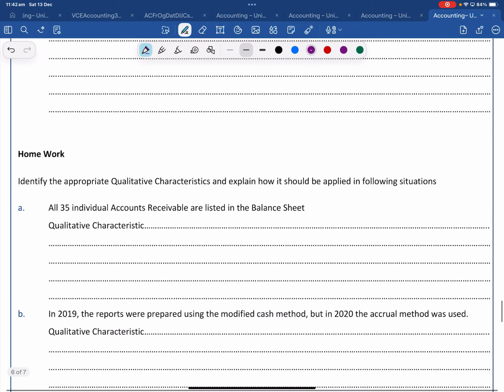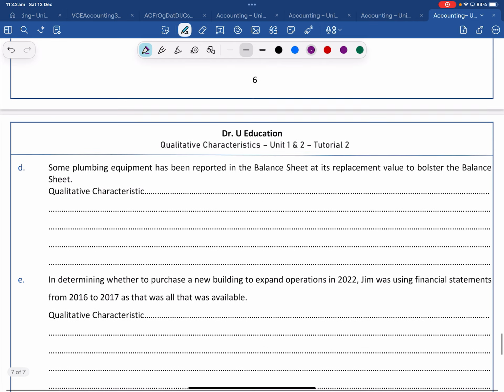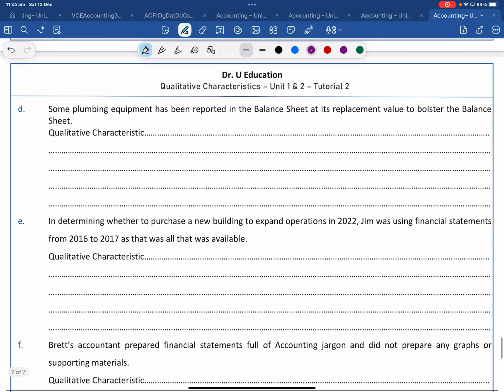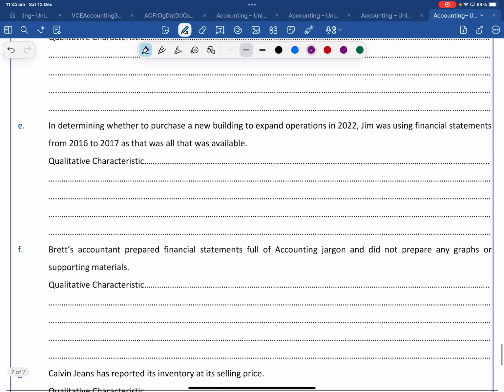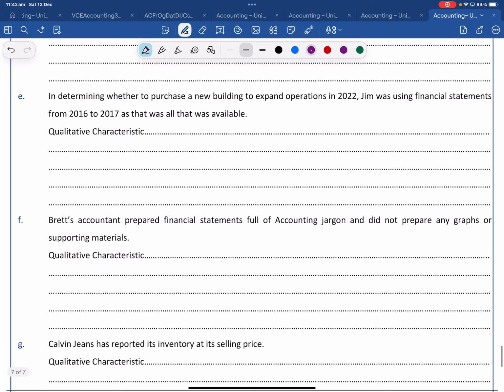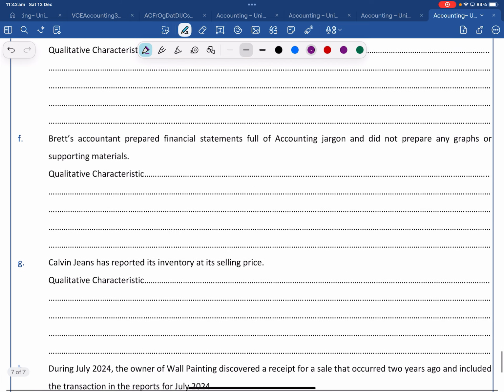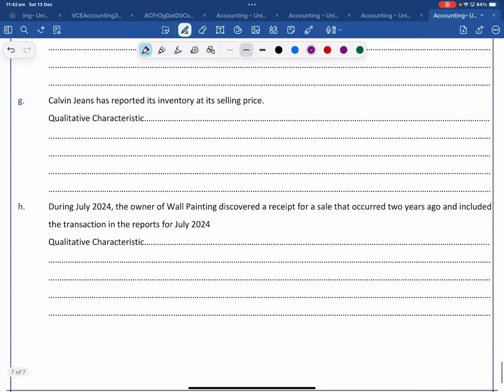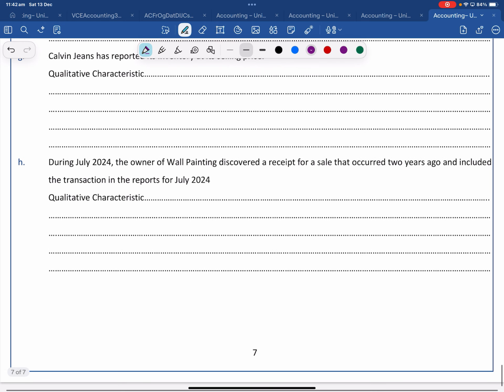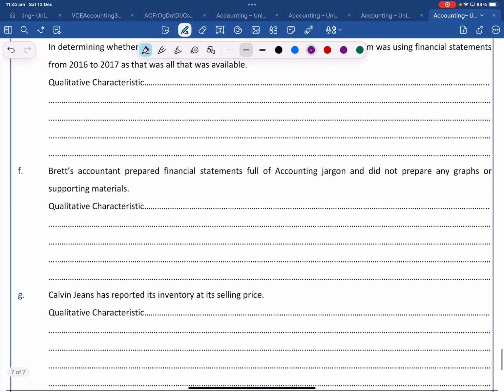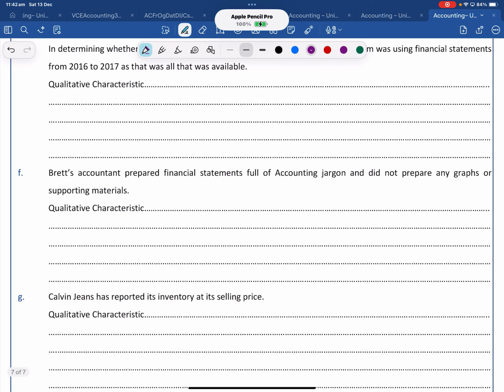See, in the homework, part C. Just those two. The rest are a bit harder for you.